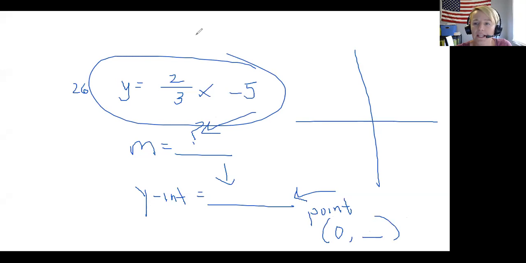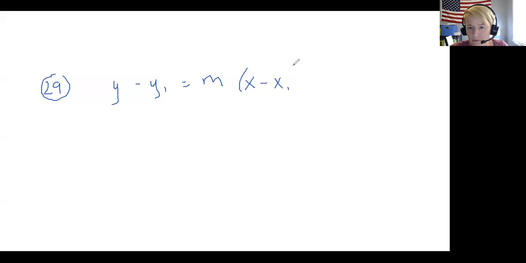And then the very last section, 29 through 37, says write the equation of a line in slope-intercept form. So this is the very last thing that we just did, our last lesson. And remember, if you want to look back over to page 113, the form is y minus y sub 1 equals m times x minus x sub 1.